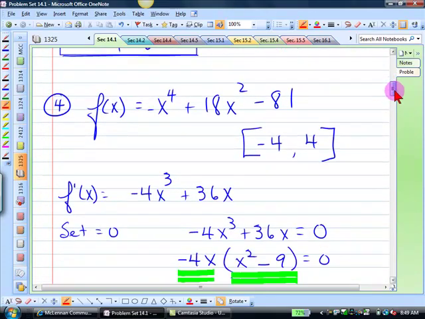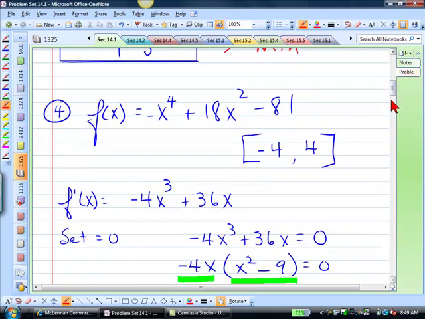Okay, let's look at number 4. Number 4 has f of x equal to x to the 4th plus 18x squared minus 81, and our interval is from -4 to 4. Okay? So first step, we take the derivative, which is here, -4x cubed plus 36x.